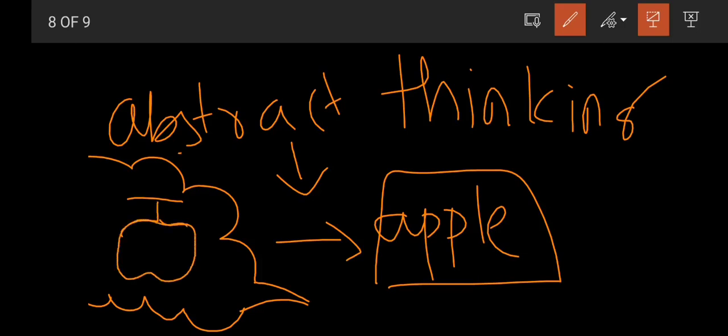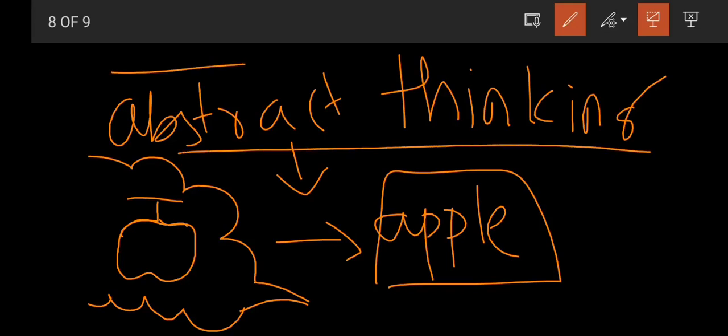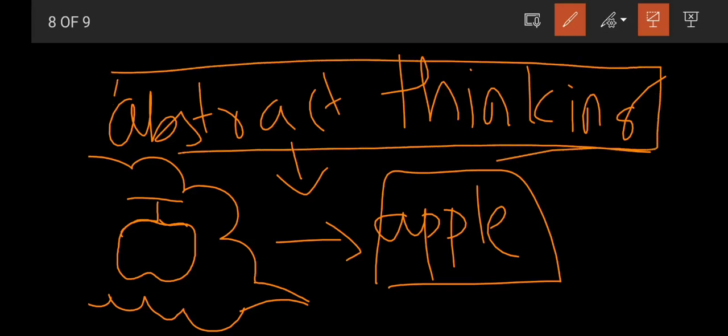I am not showing the apple, even though you are developing the picture of the apple in your mind. This is abstract thinking, because you are able to do hypothetical reasoning. Now you can imagine that apple in your mind. So this is abstract thinking. Hope you all understood.